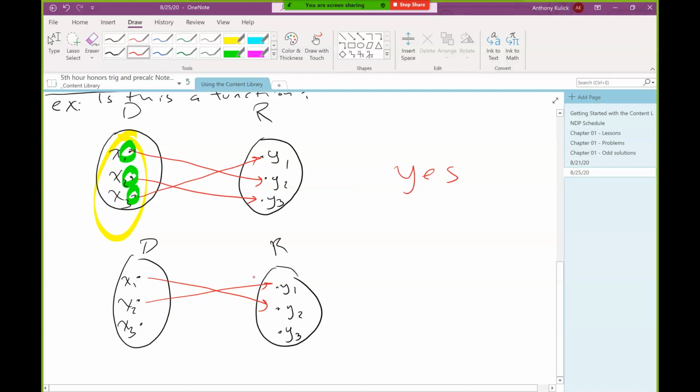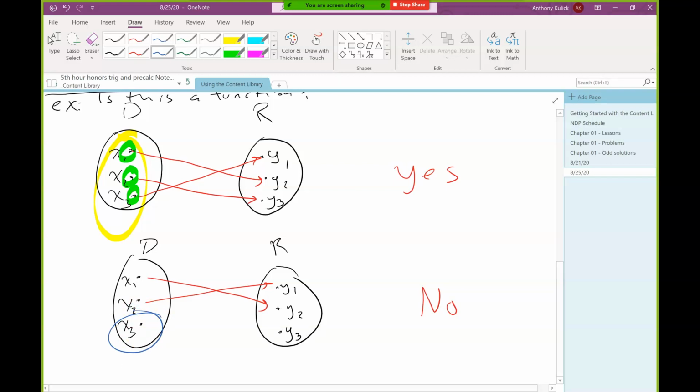Is this a function? So I heard some yeses and some no's. Take a minute and think about it. Reread the definition for what it means to be a function, because some people are saying one thing, some people the other. What do we think now? No. Good. What's the problem? Yeah, not every x has an assignment.